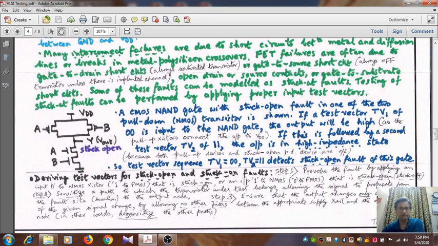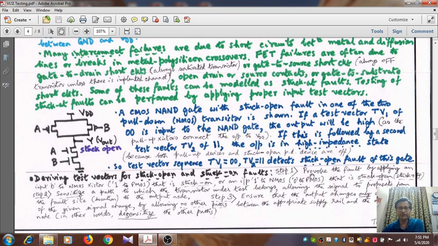Note that if an NMOS transistor suffers from a stuck on fault, it means a channel already exists. So now if you apply input 0, normally the voltage should correspond to a non-conducting transistor. But if you apply 0 and the transistor is faulty, that means it suffers from a stuck on fault, then the output will correspond to a faulty transistor, right?